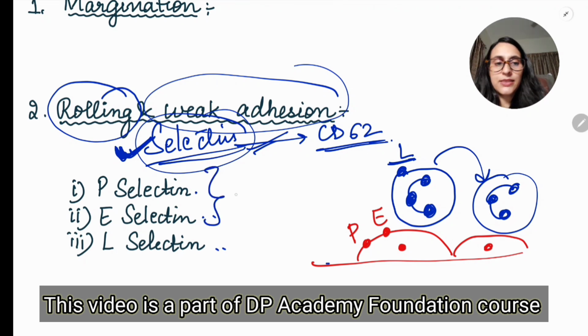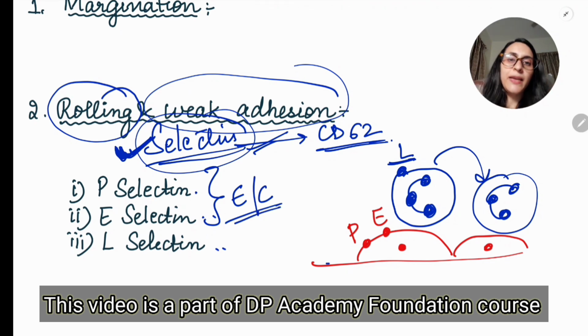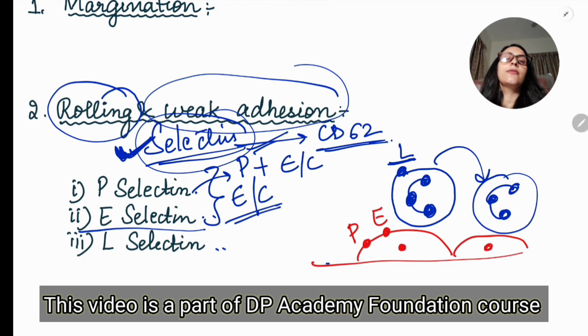So P and E are present at the endothelial cells. P is also present at platelets. E-selectin is only present at the endothelial cell, while P-selectin is present at platelets and endothelial cells. And L-selectin, as the name itself suggests: P means platelet, E means endothelial, L means leukocyte.